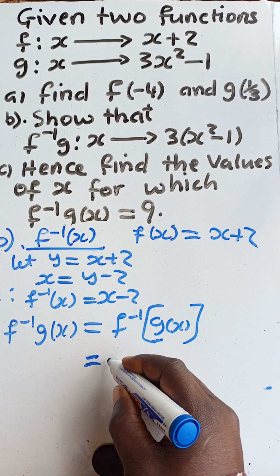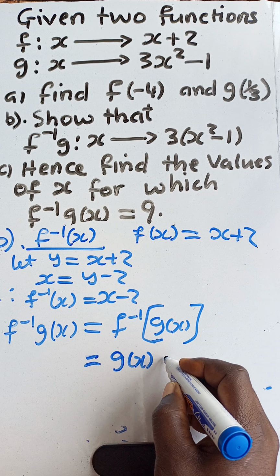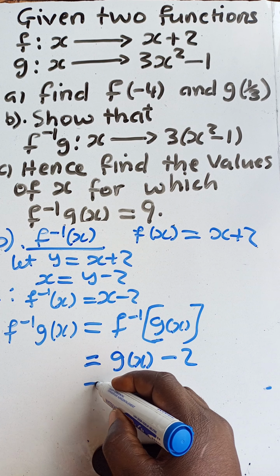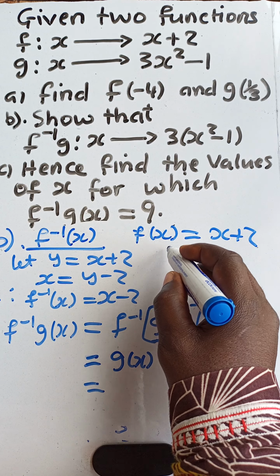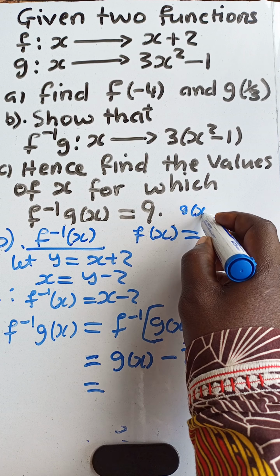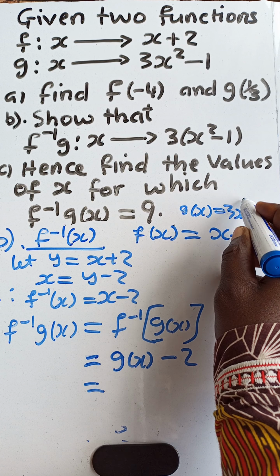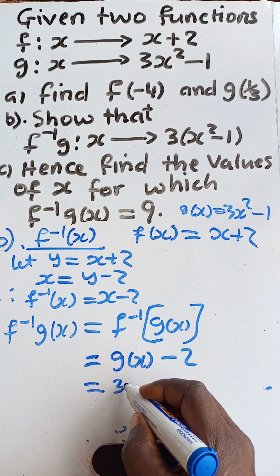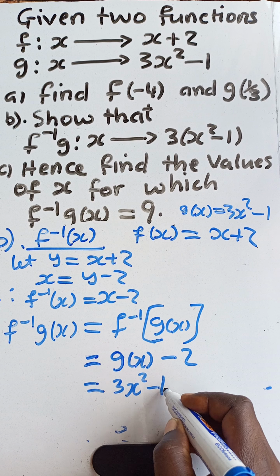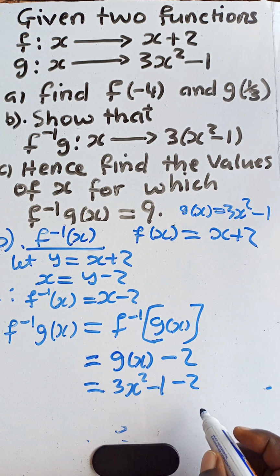So this will be g of x, and we subtract 2 from it. And we know g of x. G of x is 3x squared minus 1. So we're going to write 3x squared minus 1 and then minus 2.